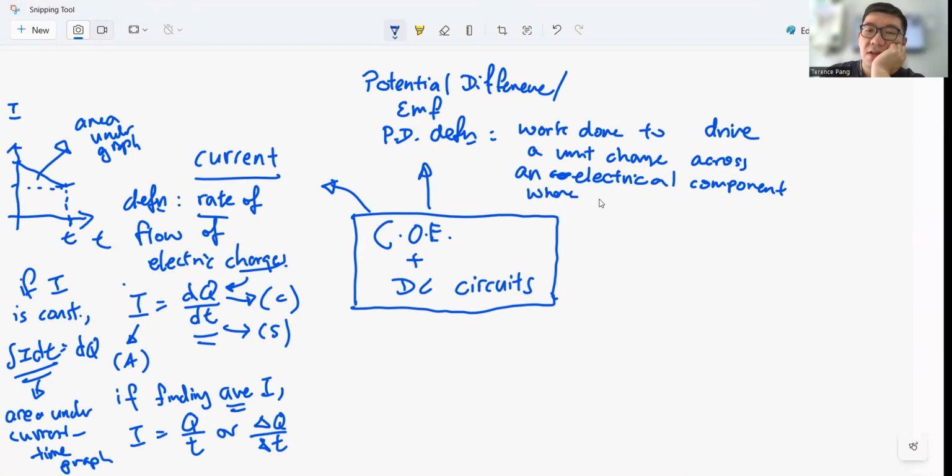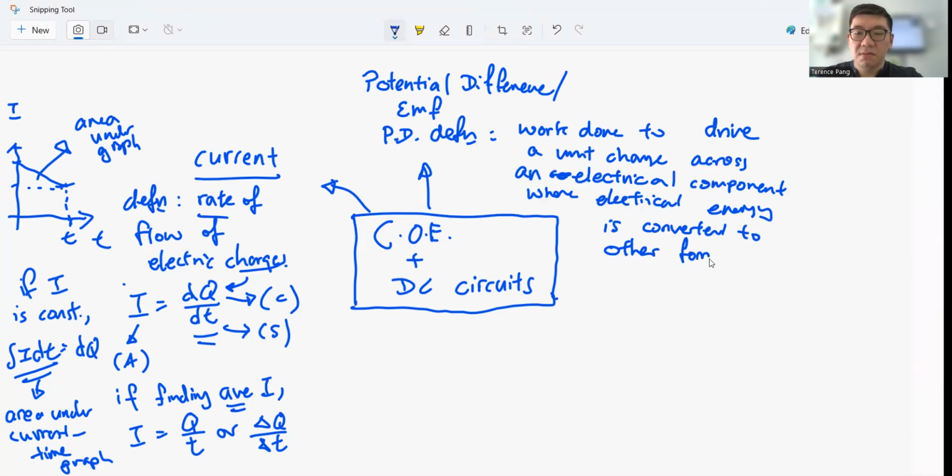Where electrical energy is converted to other forms of energy. So this is potential difference. This is based on example, if you have a resistor, there's a potential difference here, right?